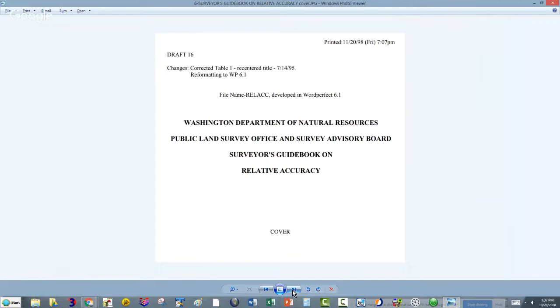Okay, speaking of accuracy and precision, I've included this really nice book. What's the date on this one? This is back to 95. Washington Department of Natural Resources, Public Land Survey Office, and Survey Advisory Board. This is the Surveyor's Guidebook on Relative Accuracy.